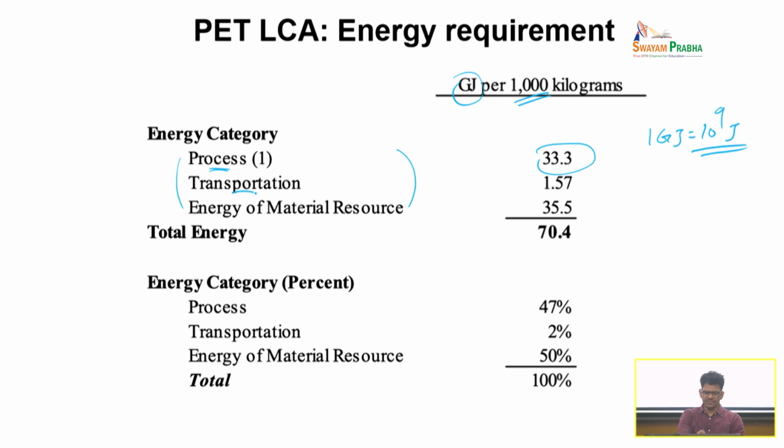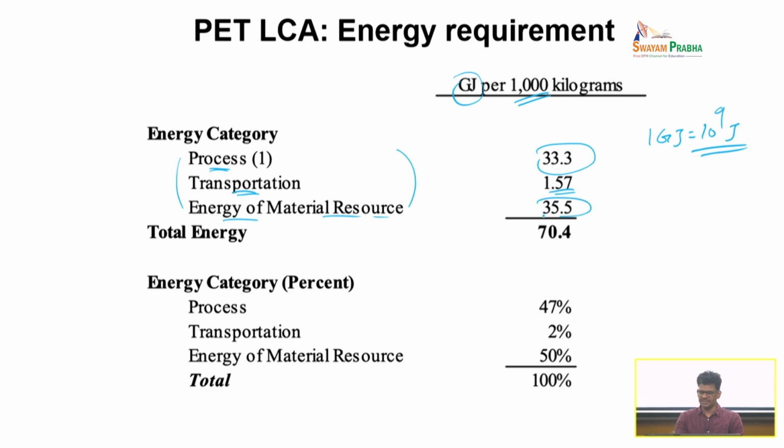The second is transportation. As I said, transportation also requires energy in terms of fuel, diesel, petroleum or gasoline, and that costs about 1.57 gigajoules. And then there is also the energy of material sources.